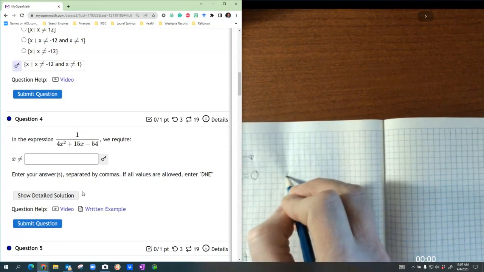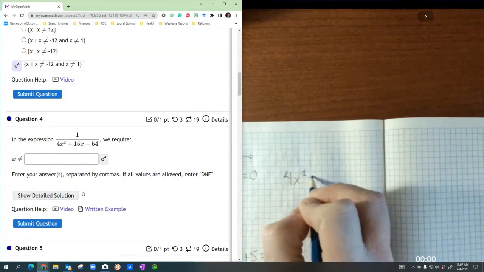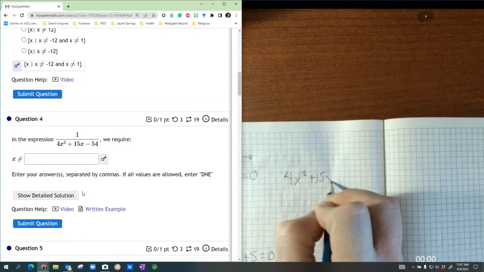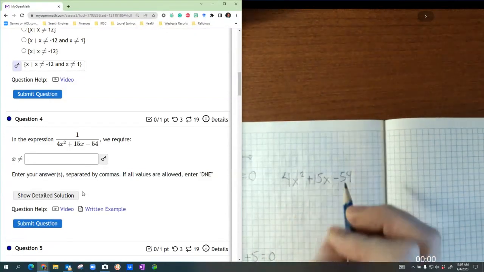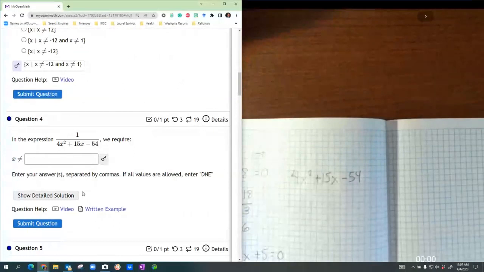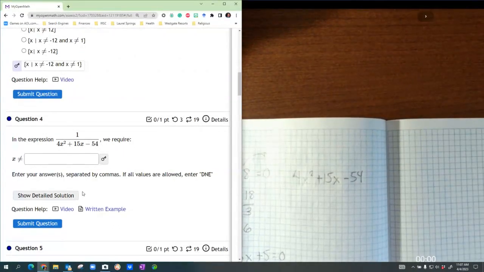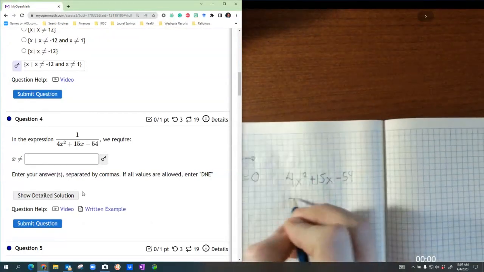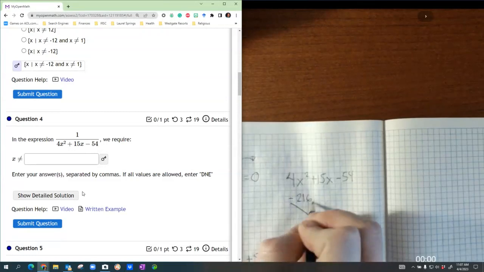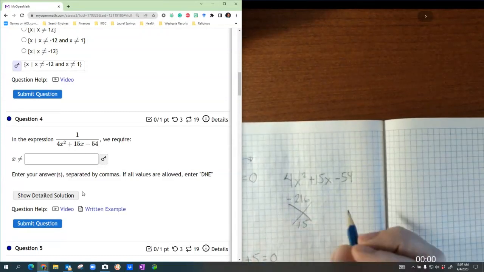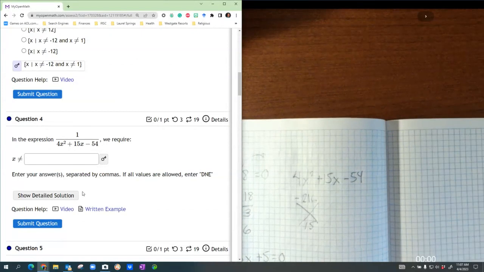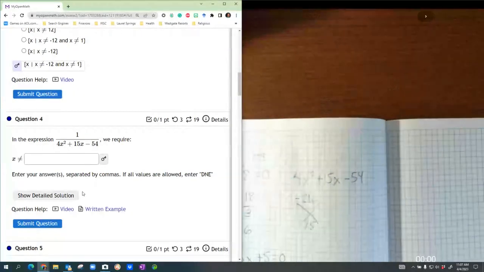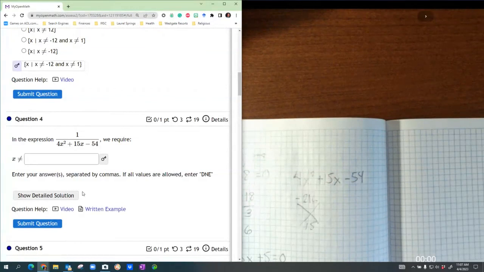Now we have this situation. We multiply, then look for factors of 216 whose difference equals 15.